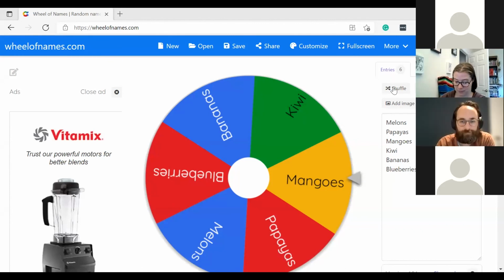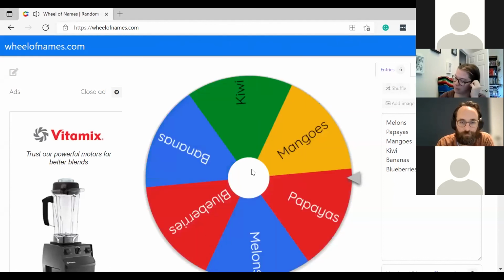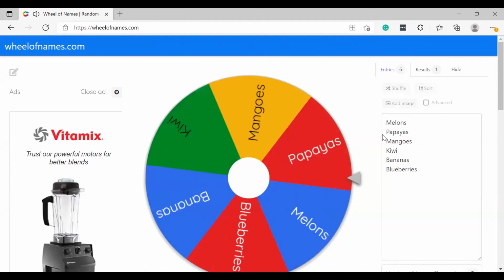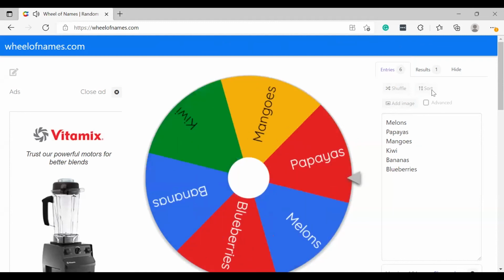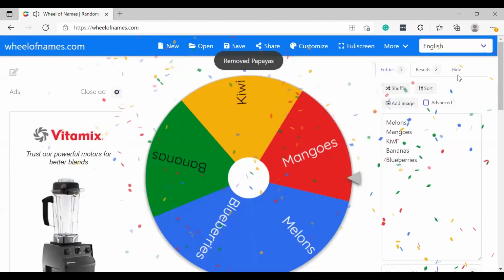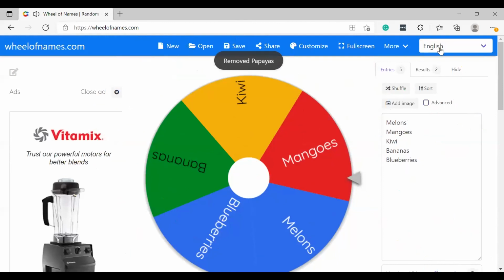Perfect. So everyone's been randomly assigned to this random wheel of fortune, each group with the fruit names. So I'm going to go ahead and spin to see which group we'll be sharing first. So papayas will be sharing first.